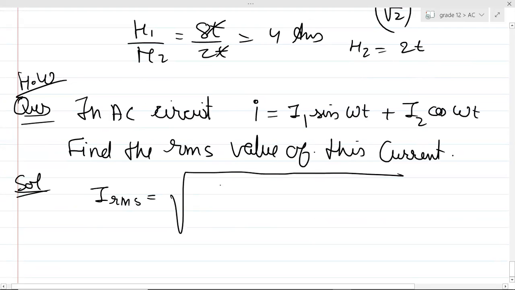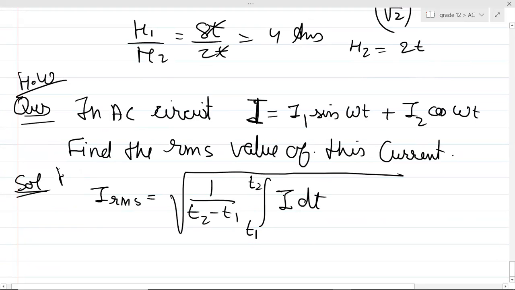Under root of 1 by (T2 minus T1), integral from T1 to T2 of I squared dt, right? So first approach is basically this.